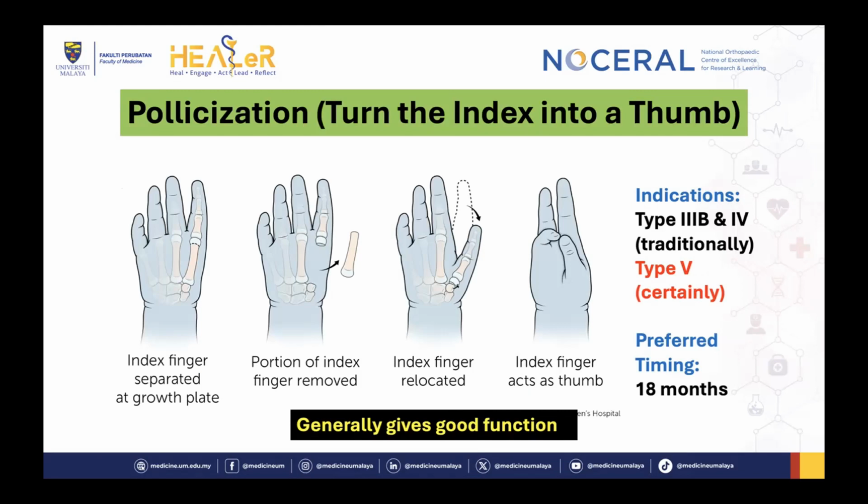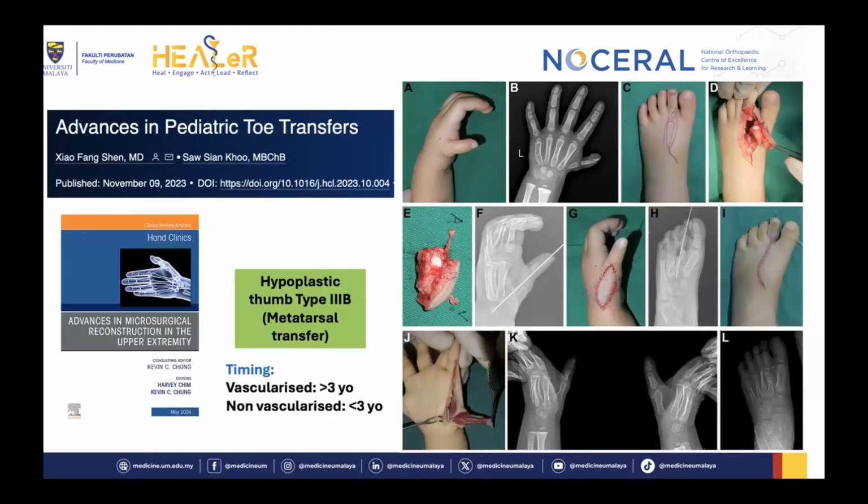But with the advances in microsurgery, good microscopes, and surgeon skills, there is a possibility, for type 3B, to actually reconstruct. If the child is less than 3 years old, you can use one of the metatarsal bones without taking its blood supply and just reconstruct it for the thumb, and it will grow well.